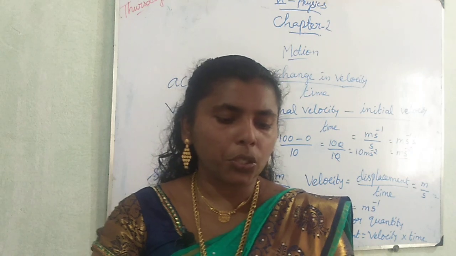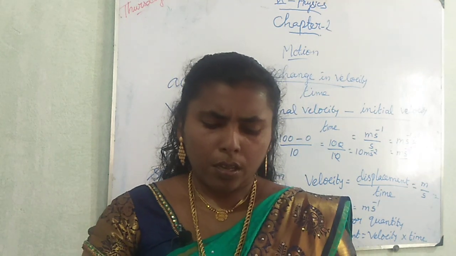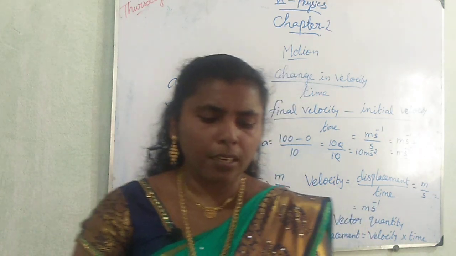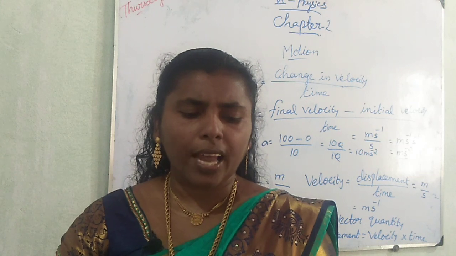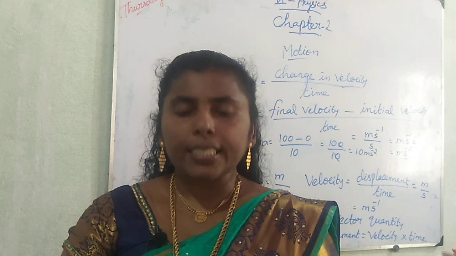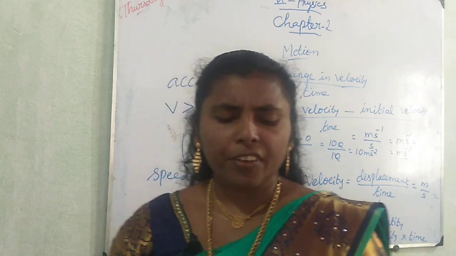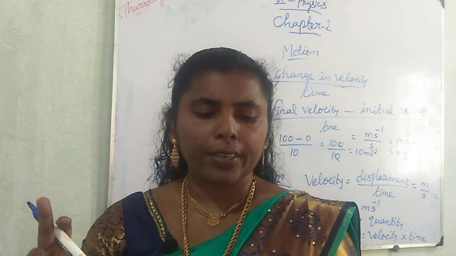The next, distinguish distance and displacement. That is page number 15, the distance heading is there. The actual length of the path traveled by a moving body irrespective of the direction is called distance. And displacement is defined as the change in position of a moving body in a particular direction. This is the first point.